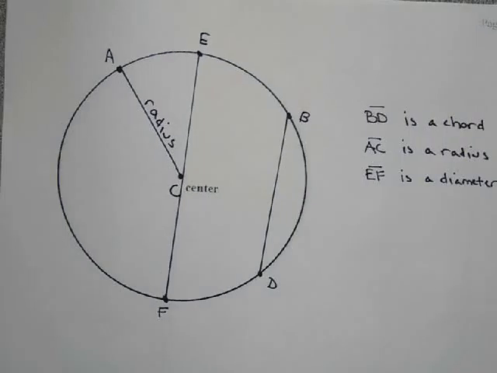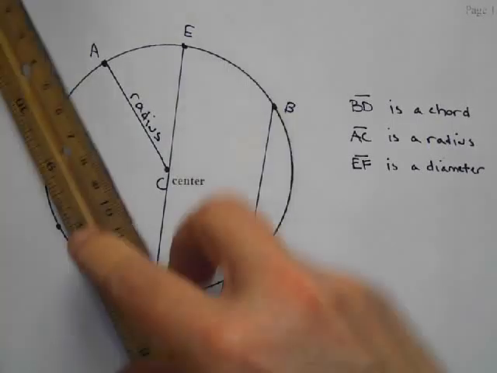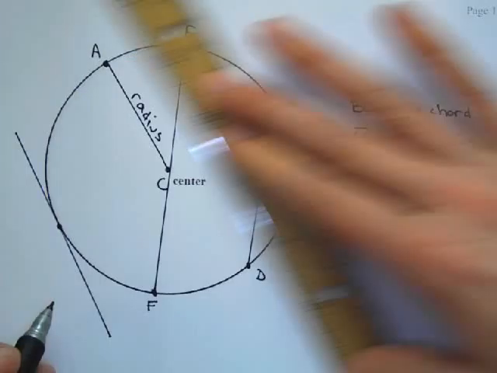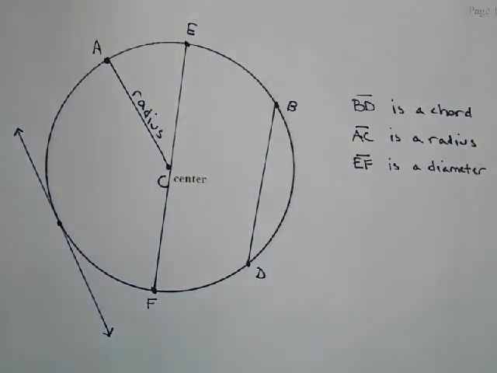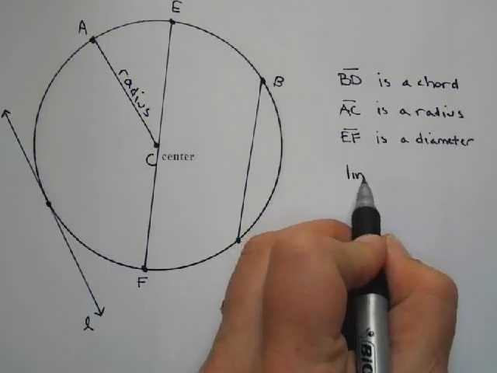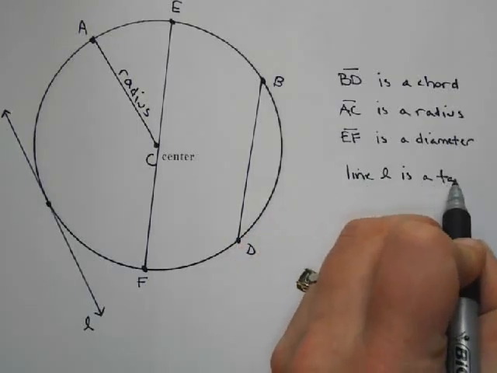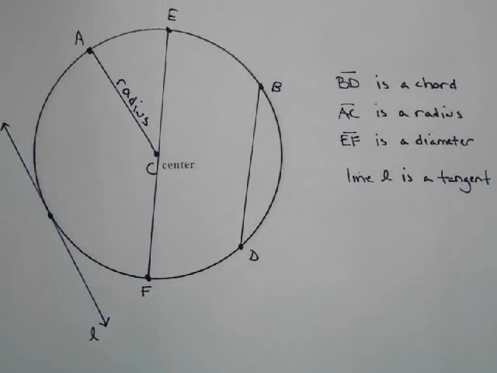A tangent is a segment that intersects the circle in exactly one point. So you can put a point on the circle, and then we can draw a line or a segment that touches that circle in exactly one point. So I can call that line L. Line L is a tangent, and it can be a segment, depends on how you want to name it.